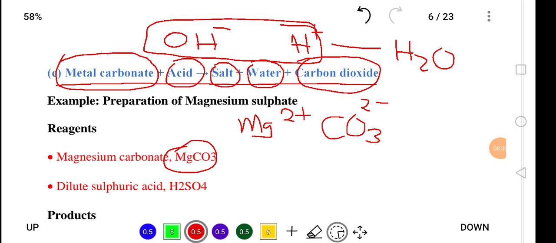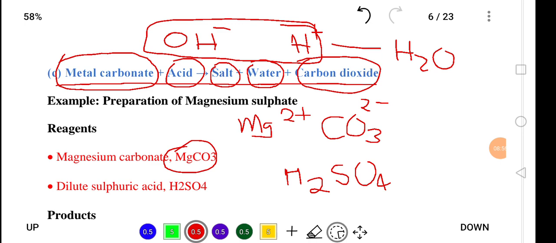Now, when we get another acid, for example, sulfuric acid, and then we put the solid magnesium carbonate to sulfuric acid, the magnesium carbonate first is going to dissolve.